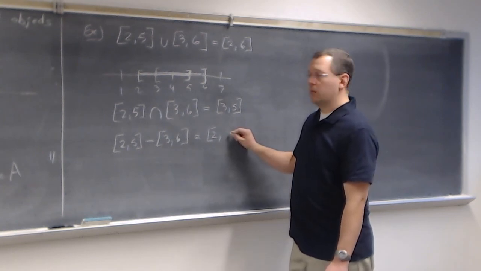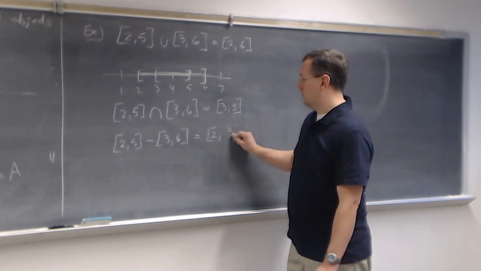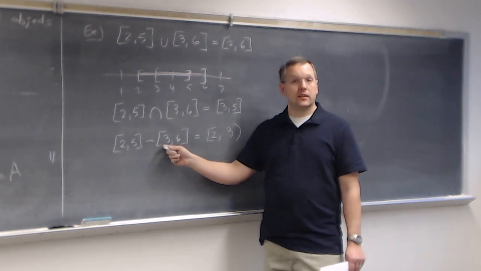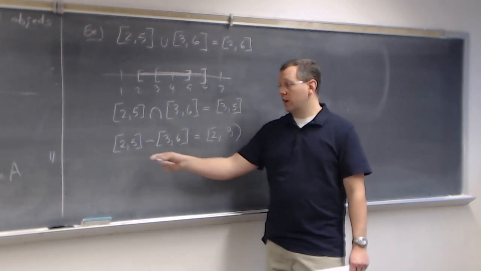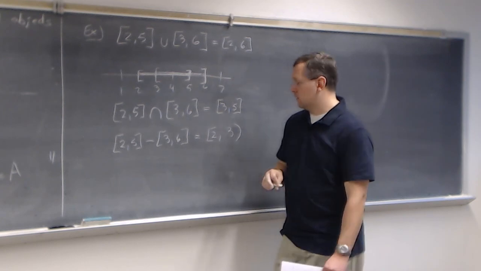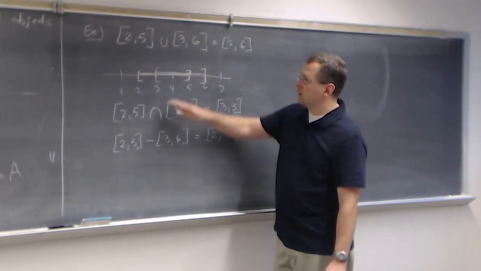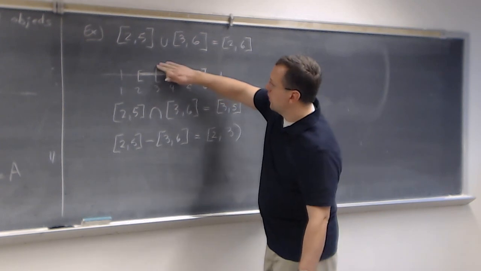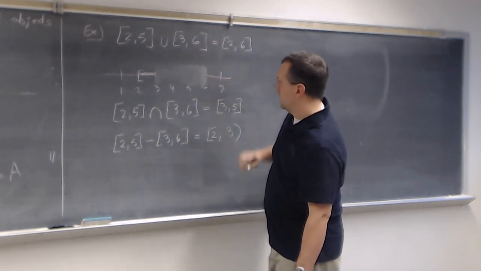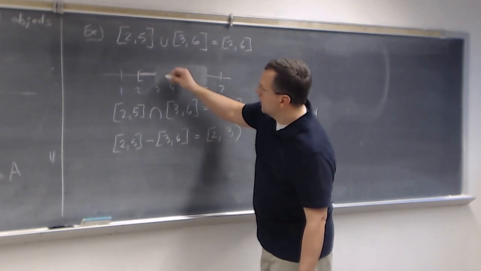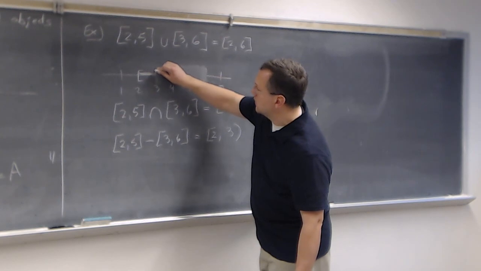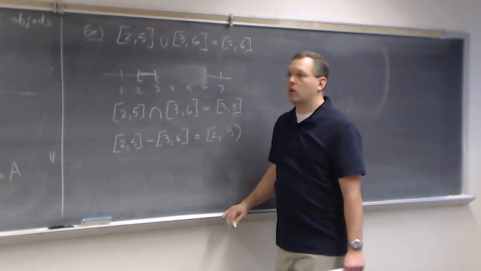What's the right endpoint? 3. That's parentheses, because if the number 3 is in this set, I've got to take it out. So I don't want to include it anymore in this set difference. Imagine you start with this picture and you just erase everything that's in the interval from 3 to 6. What's left? I erased everything, and then I actually erased the number 3, so it's kind of like an open interval now.